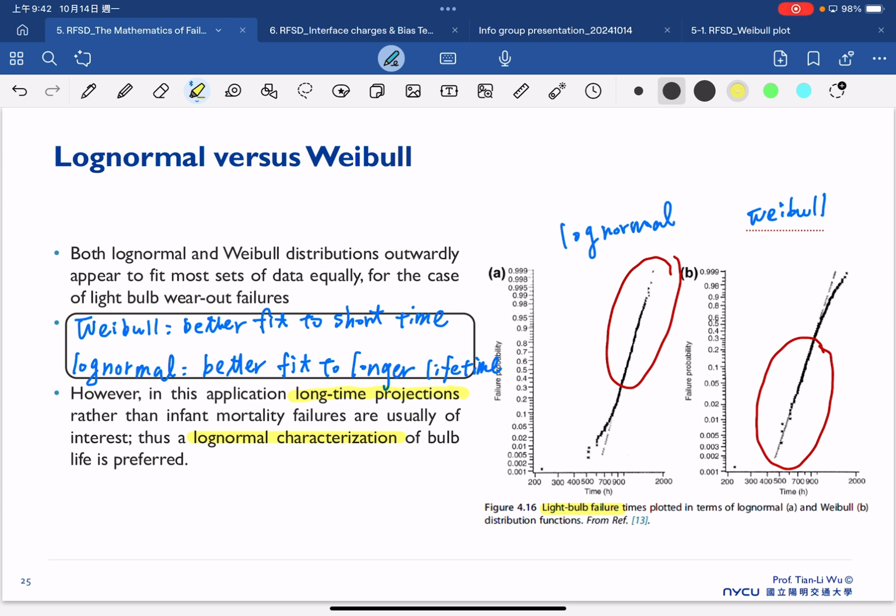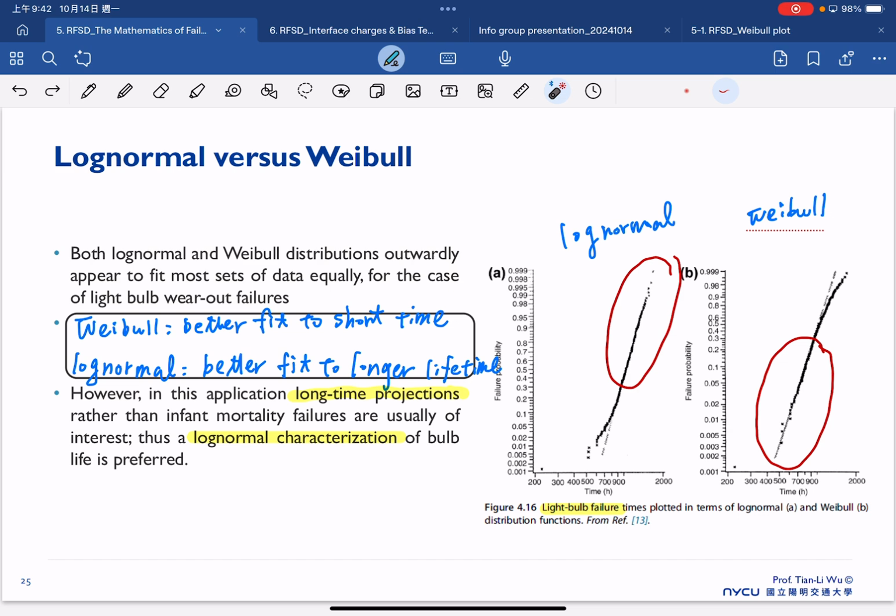So in this case, if we want to predict the long-term projection, then for sure this is better, because in the long-term region we can have a better fitting compared to the Weibull distribution. So that is one of the considerations.